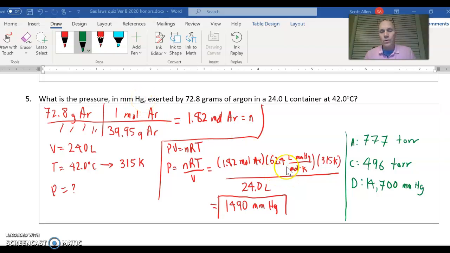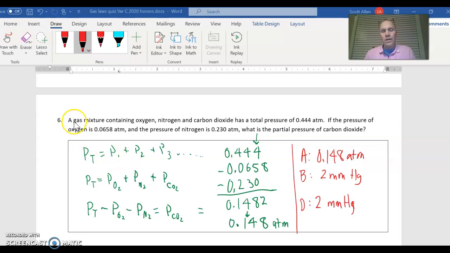Plugging that in, we end up getting this number right here, which is the answer if you round it to 3 significant figures, which is what you would do here. The answers for the other versions can be seen here for A, C, and D.